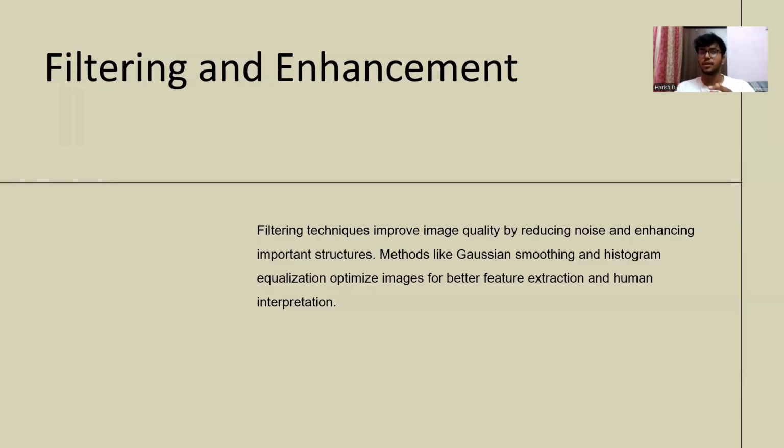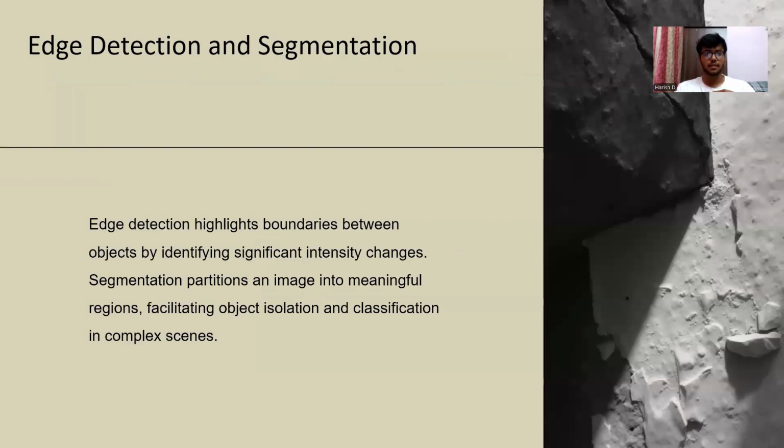Gaussian smoothing mainly improves the image quality. Also, histogram equalization helps to optimize the image for better feature extraction and human interpretation.